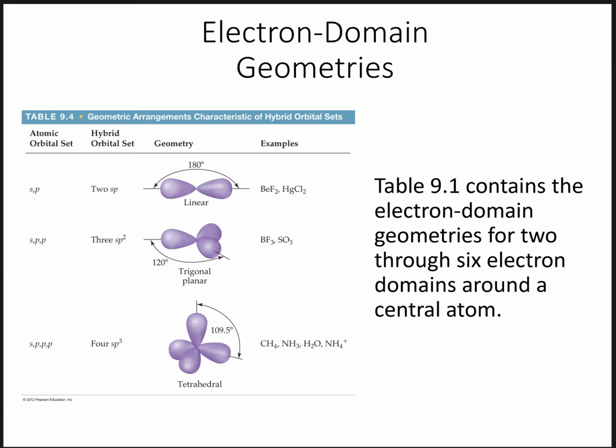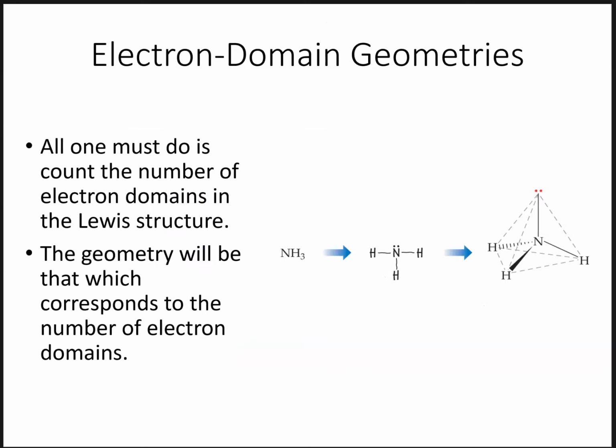Electron domains can range from anywhere between 2 and 6 regions of space surrounded by the central atom. Recall that regions of 5 and 6 domains fall under the exceptions to the octet rule. So when you have a Lewis structure, all you have to do is just count around the central atom and see how many regions of space are inhabited by lone pairs or by bonds.